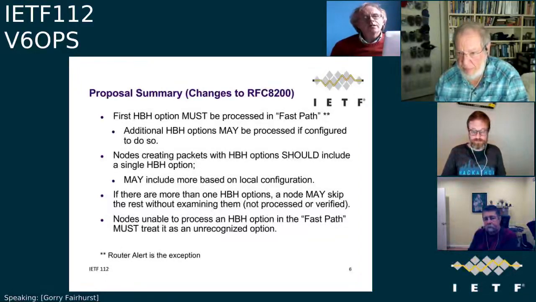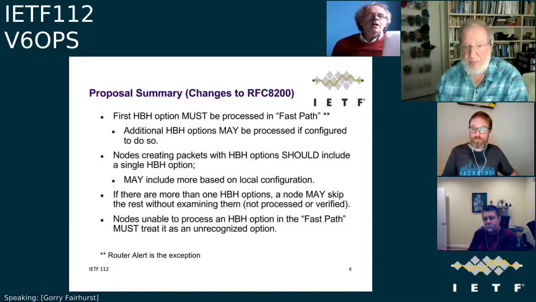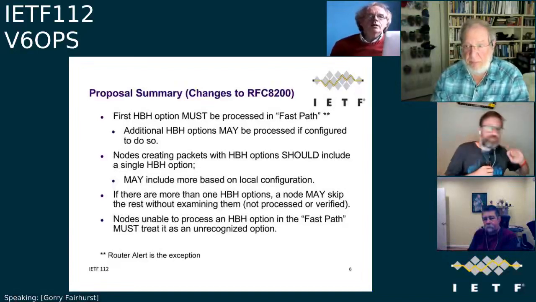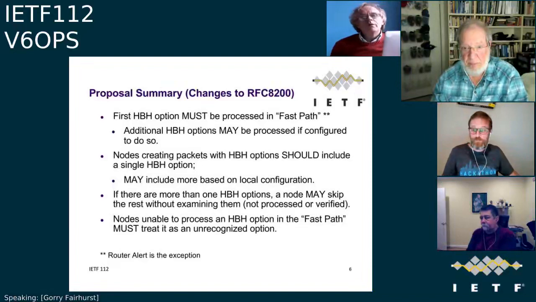So rather than state upfront that all IPv6 nodes must do something future-proof, well, we probably won't get there. So the option here is have one hop by hop option that must be processed in fast path and allow other ones to be configured to be processed as the market, as implementations start to use this.